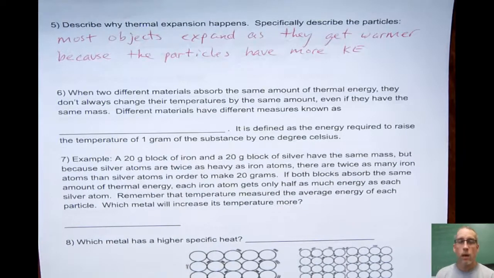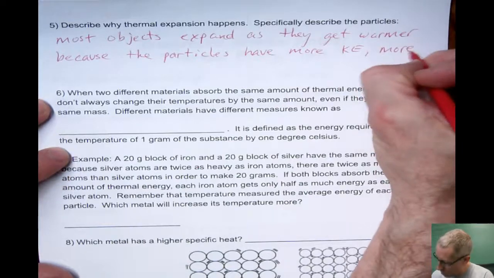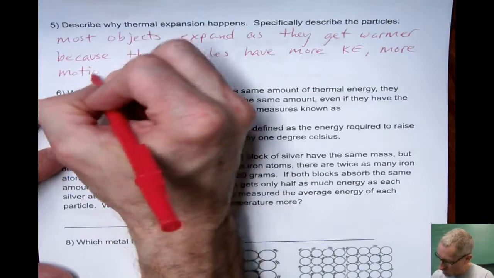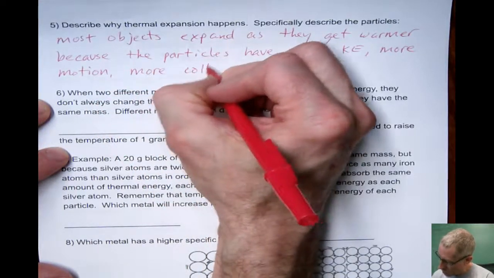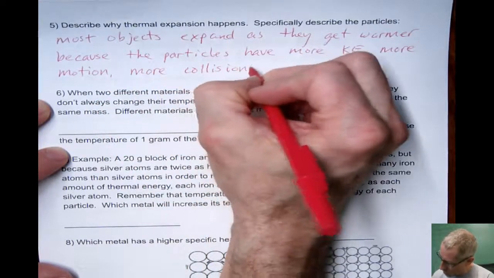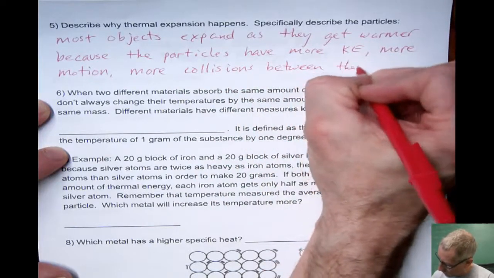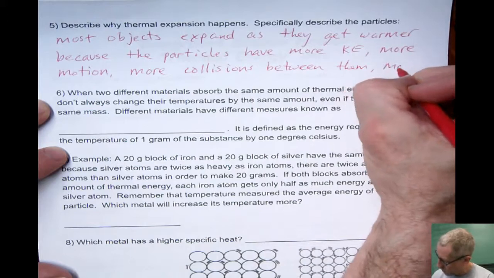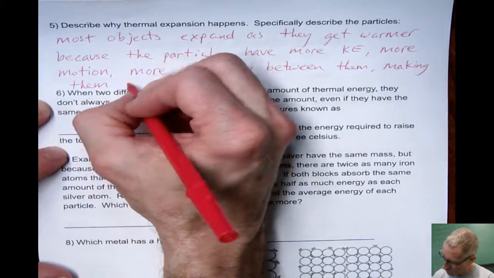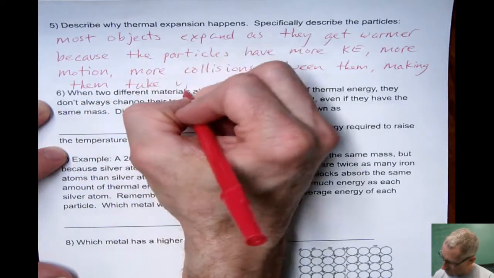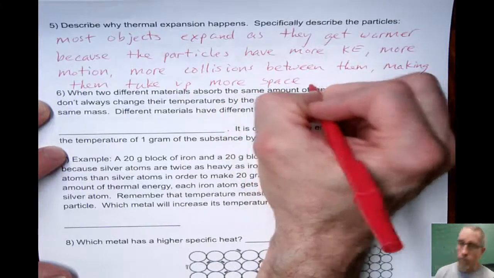So when it's warmer, there is more kinetic energy, which means more motion and more collisions between them, making them take up more space.